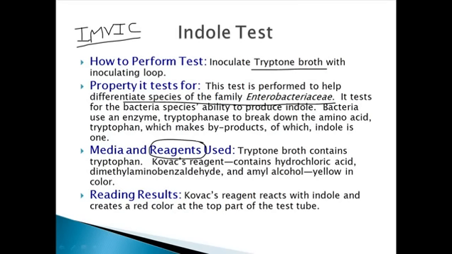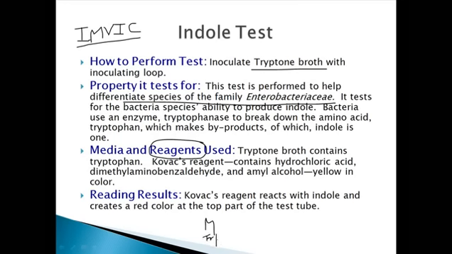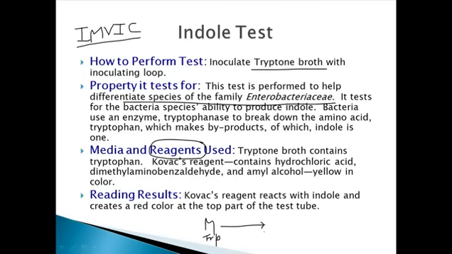Suppose we have a medium made up of tryptone. This tryptone is hydrolyzed or utilized by some sets of bacteria. Some of them can use this amino acid to produce their products, and finally we have a hydrolyzed form of this tryptone.